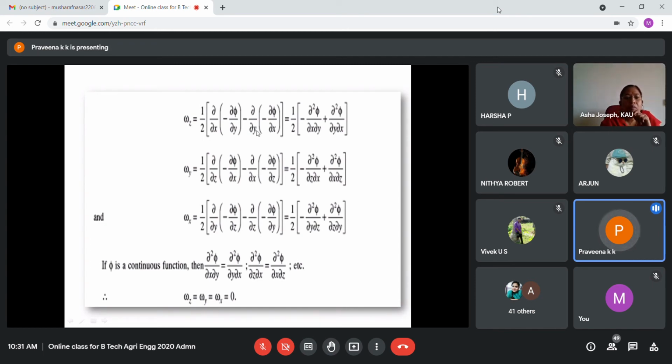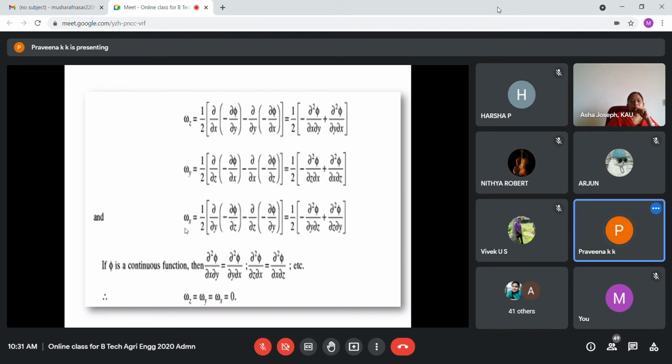Then minus dou by dou y into minus dou phi by dou x. Omega z will be equal to 1 by 2 into minus dou square phi by dou x dou y plus dou square phi by dou y dou x. So like that we will get the other expressions also, omega y and omega x.